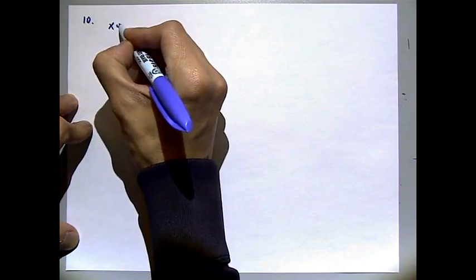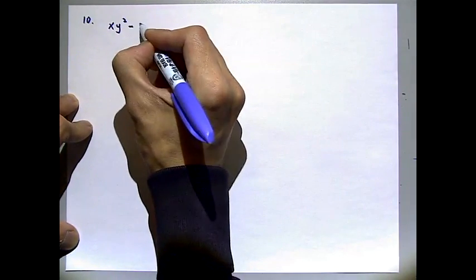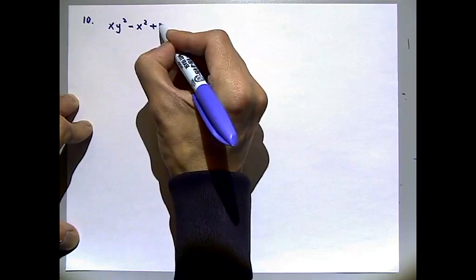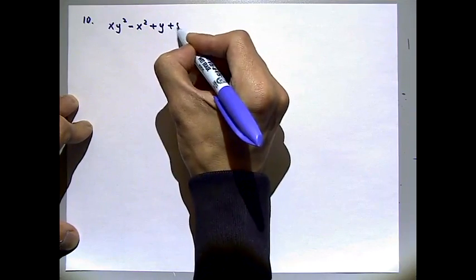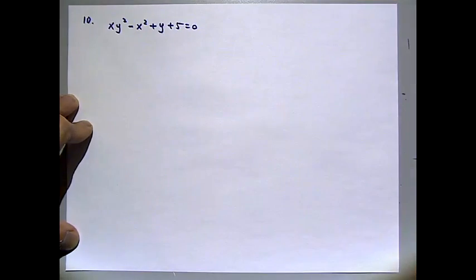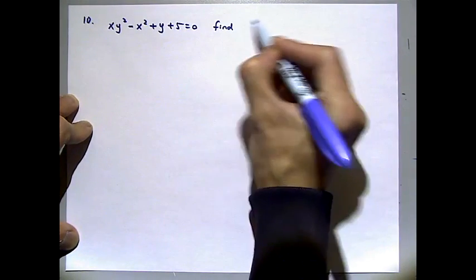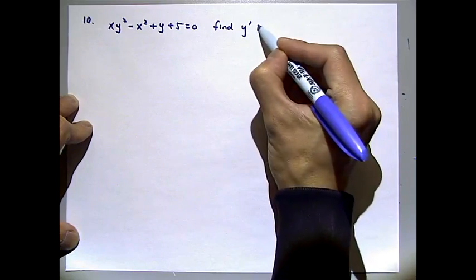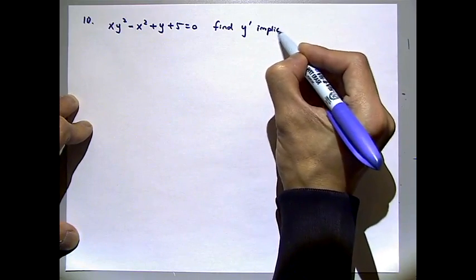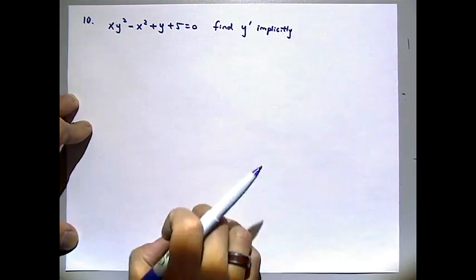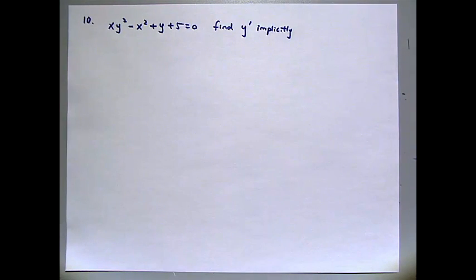All right, moving on. Number 10. Given a function that defines y implicitly, we're supposed to use implicit differentiation to find the derivative of y.